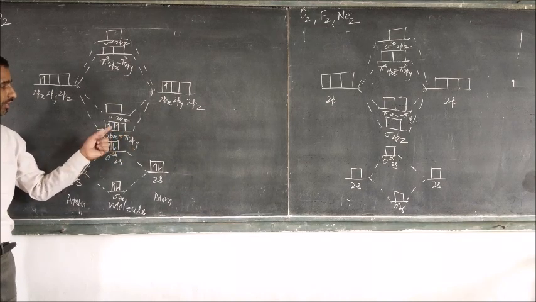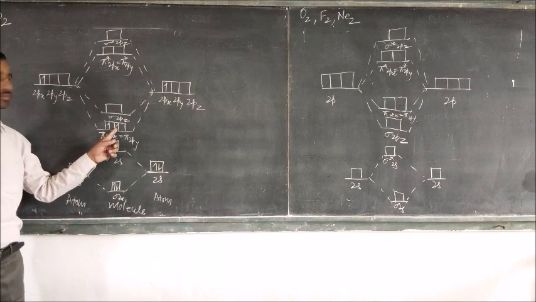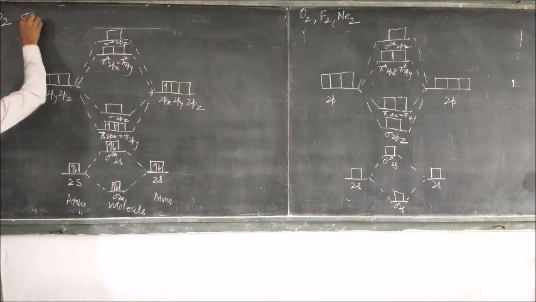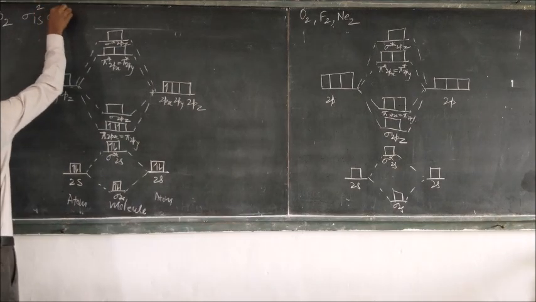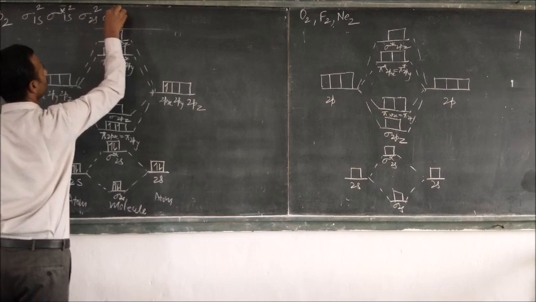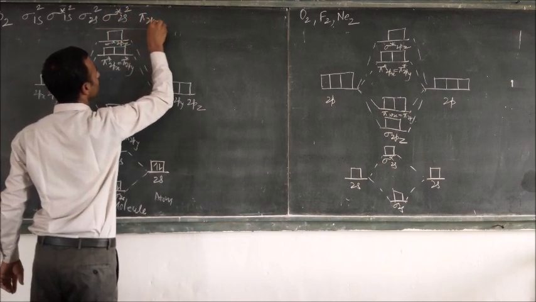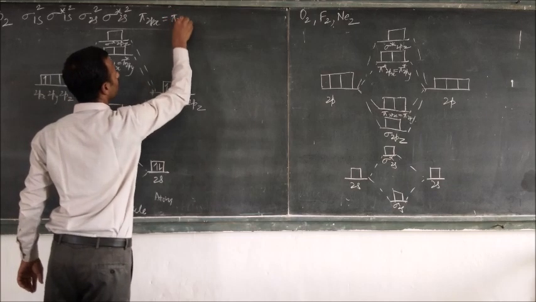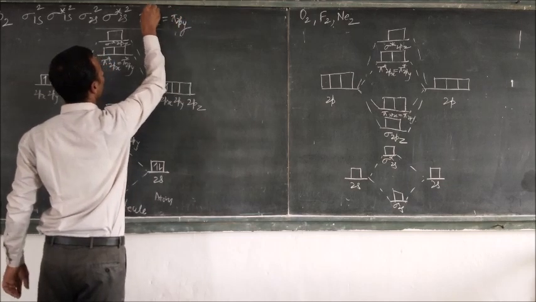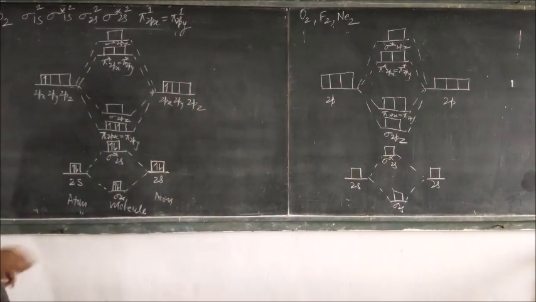That's why both have one electron as per Hund's rule. So B2 is sigma 1s2, sigma star 1s2, sigma 2s2, sigma star 2s2, and pi 2px1, pi 2py1. So what is the bond order?